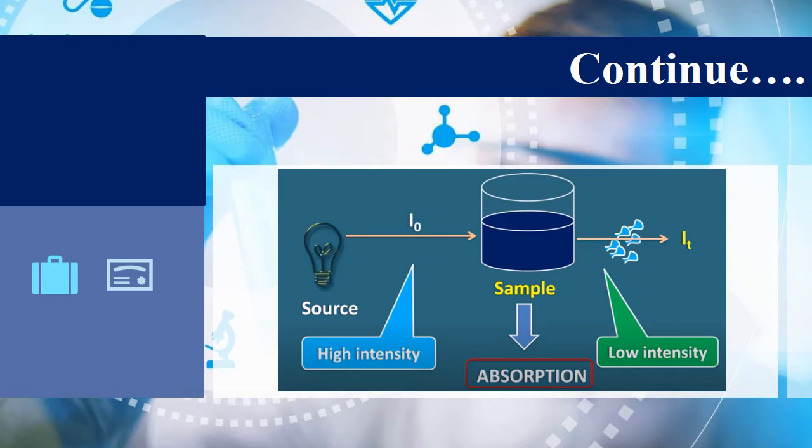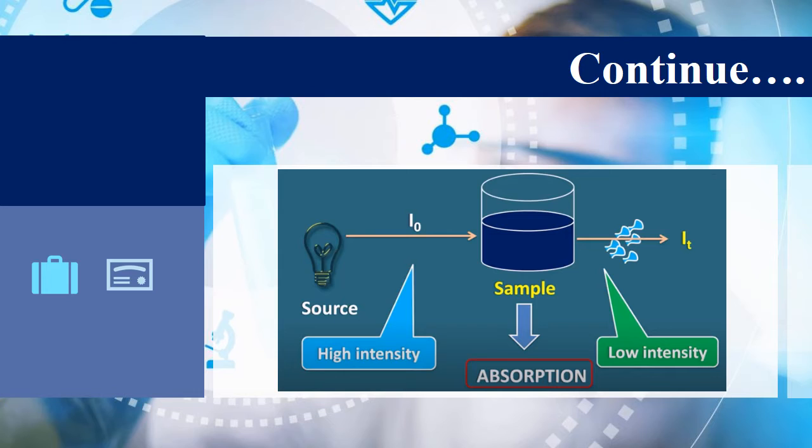So now the electromagnetic energy is going to be absorbed by the sample, and whatever the remaining electromagnetic radiation is going to be transmitted out of the sample as IT, that is the intensity of the transmitted light. So here I0 has high intensity, whereas IT has low intensity.